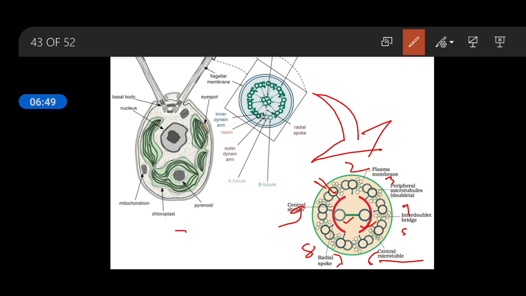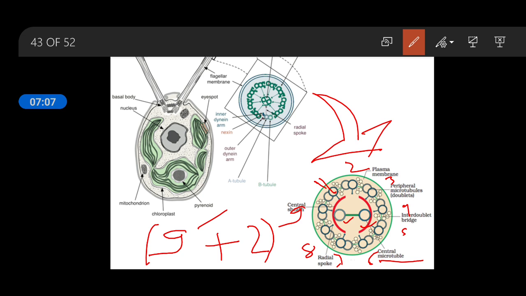So it is 9 at the periphery plus 2 at the center, hence it is a 9 plus 2 arrangement of the microtubules.